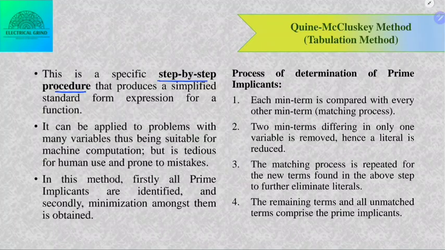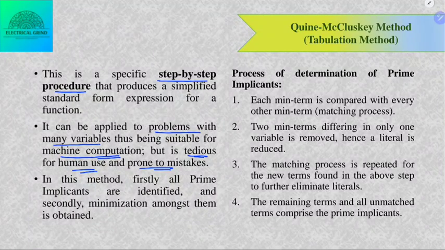It can also be applied to problems with numerous variables, more than 5, more than 6 as well, because it is also suitable for machine computations. But the only drawback of this method is that it is quite tedious for human use and also very prone to mistakes. So let us begin the QM method.